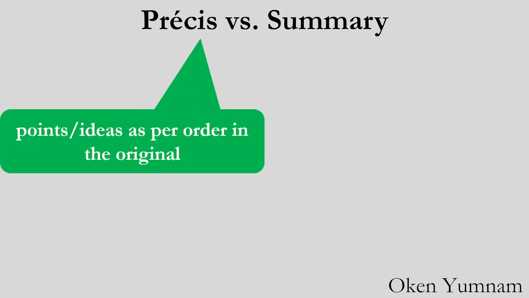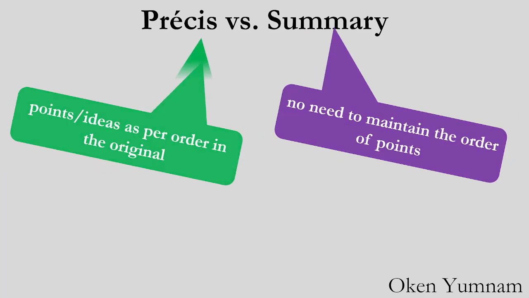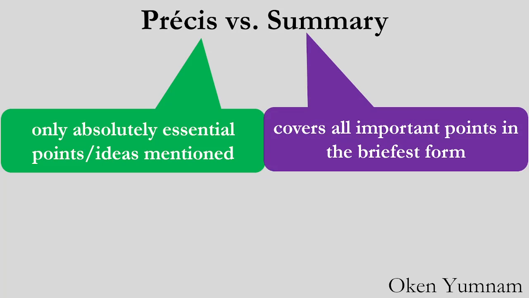In Précis writing, all the points or ideas are maintained in the order of the original text. But in summary, we don't need to maintain the order of points. In Précis writing, we use only the absolutely essential points or ideas. But a summary covers all the important points, again in the briefest form.